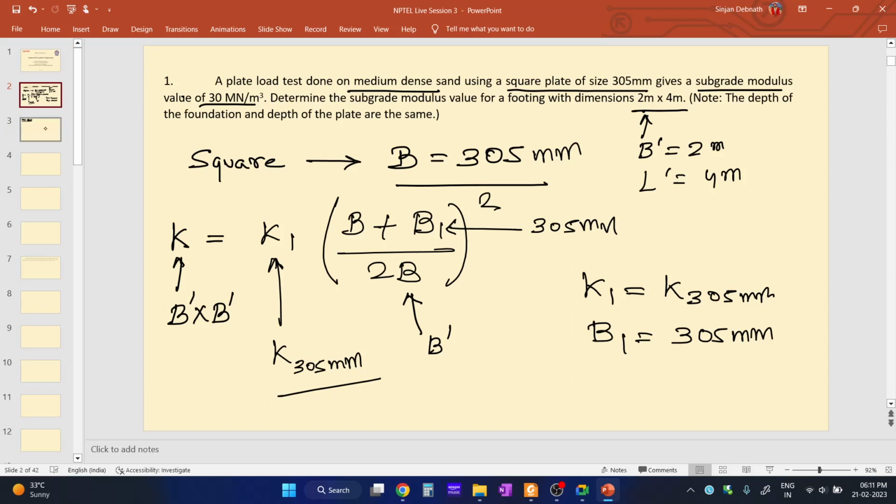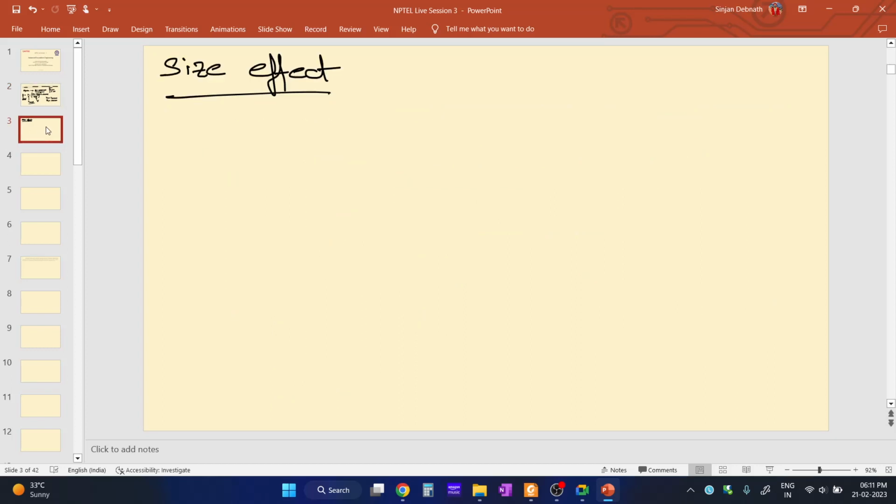So let me write down the formula once again. K is equal to K1 times (B plus B1) by 2B, squared.